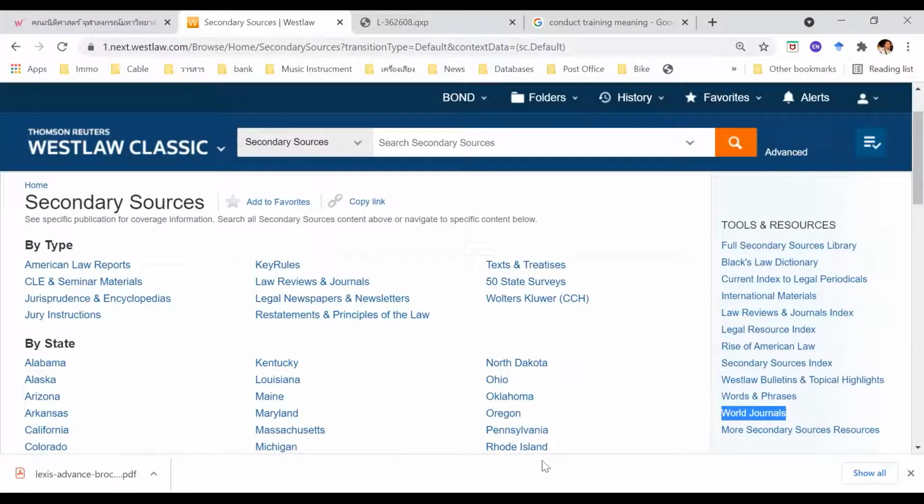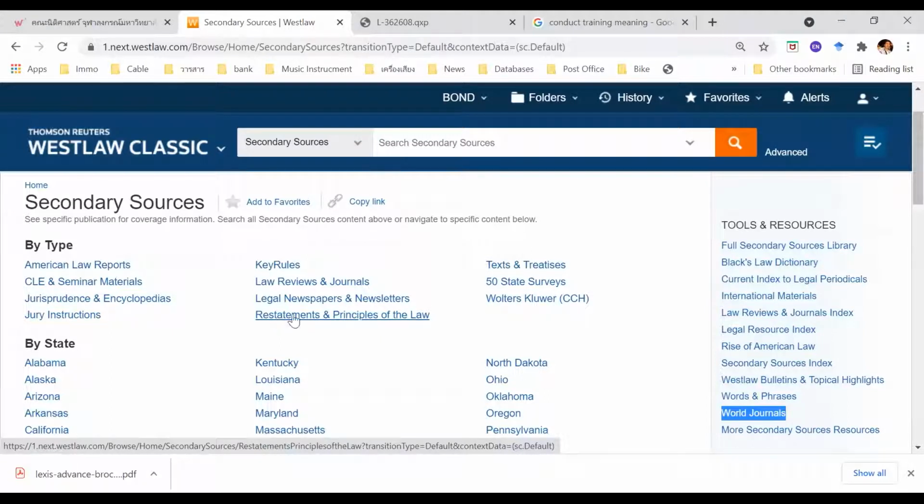And another one, restatement of law. Suppose you are working on another topic, but you don't understand what the core of the law is telling you. You need something in plain English to explain this kind of law, like opening a book, so you come to the restatement of law.